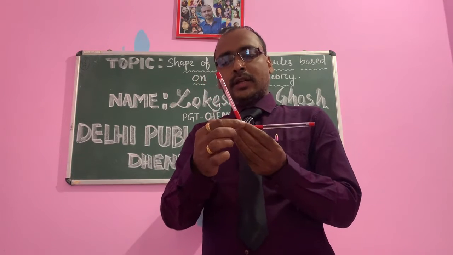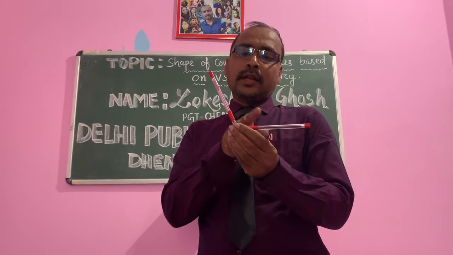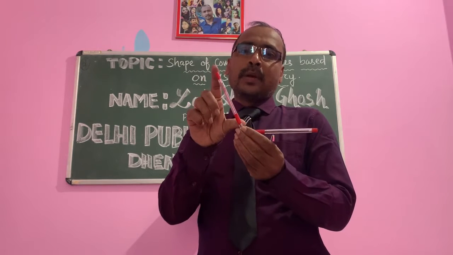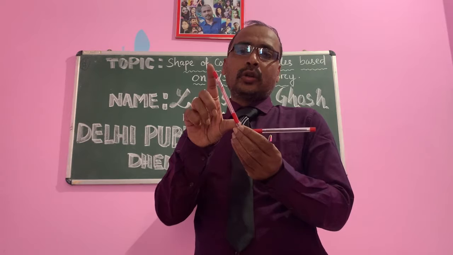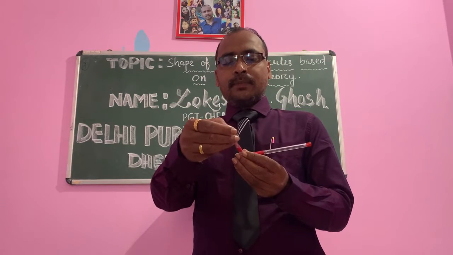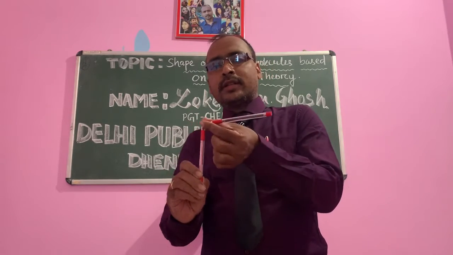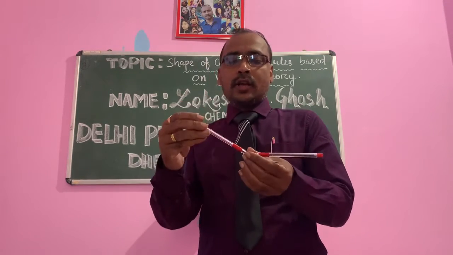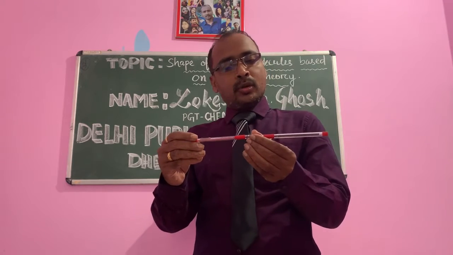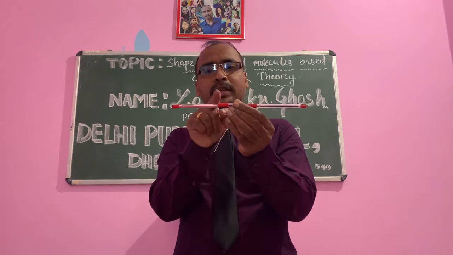This one is the central atom A, this one is B and this one is B. But again repulsion takes place between bond pair and bond pair. Bond pairs contain electrons, which have negative charge, so repulsion takes place. If the shape is like this or like this, repulsion takes place.